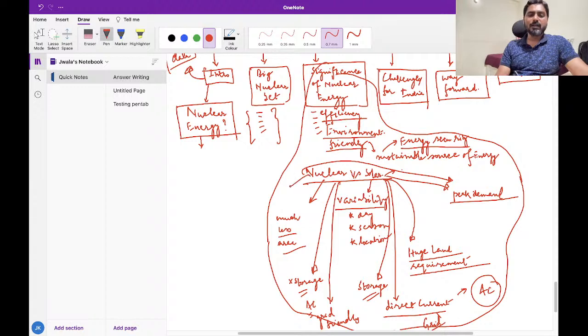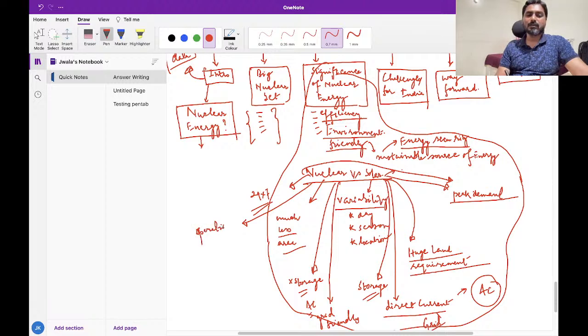So nuclear energy, you can say that it is available 24 by 7, round the clock. It is environmentally friendly. It is highly efficient compared to solar. You have seen so many advantages that it has, and cost wise also. Yes, in the short run, the cost might be very high for setting up nuclear power plants, but their operational cost is very low.